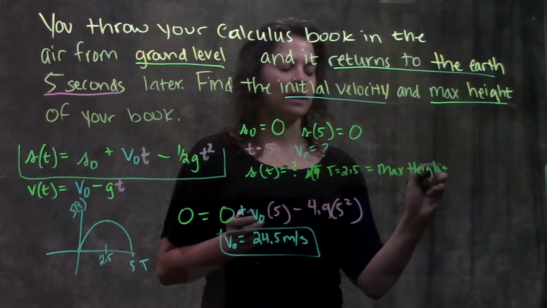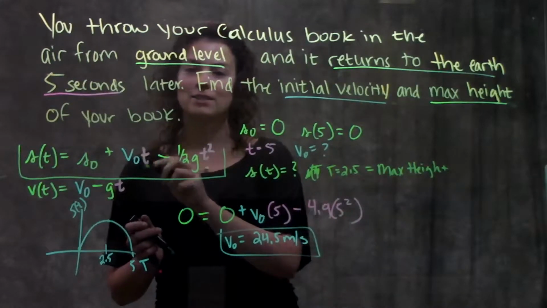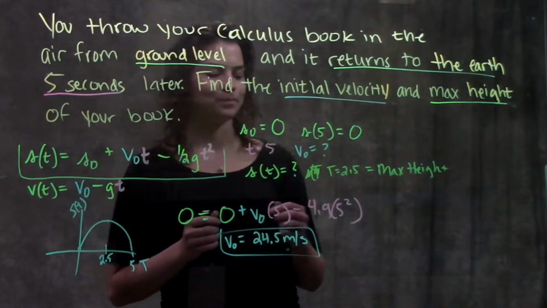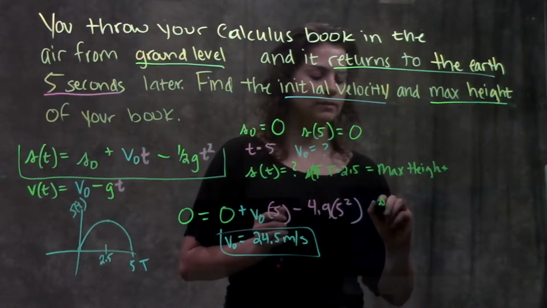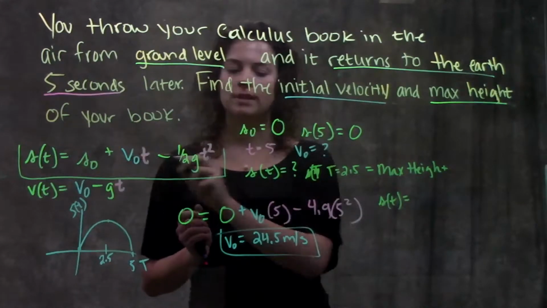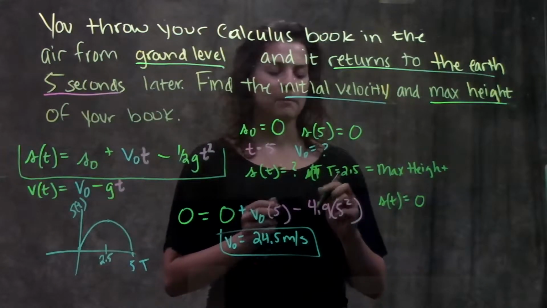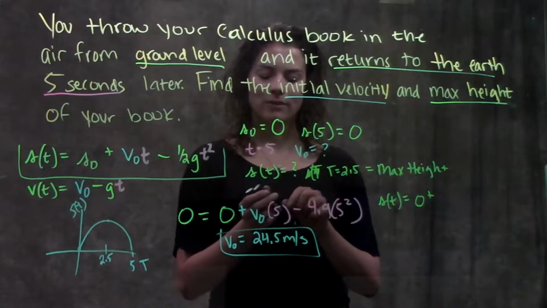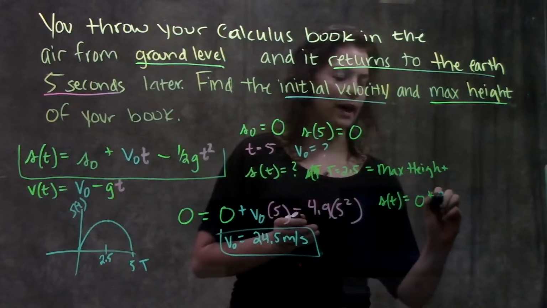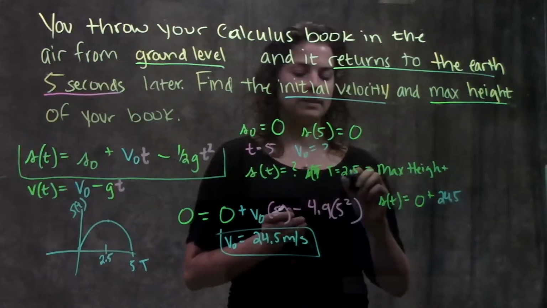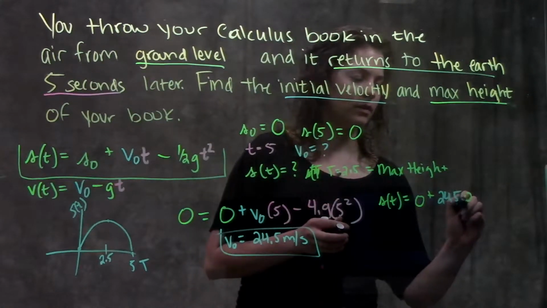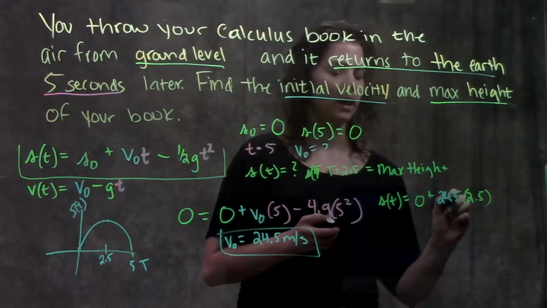So I'm going to do the same thing, plug in all my values into this function, see what my s of t is. So now I have S of t, which is my unknown, equal to S naught, which is 0, plus V naught t. Now I know those values. My V naught is 24.5, and my t is 2.5, times 2.5.